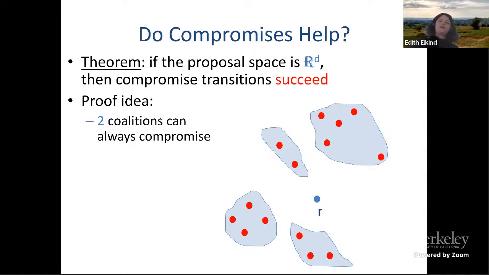So we can look at this majority supported, the most popular proposal. We can take all agents from the first coalition who support it, we can take all agents from the second coalition who support it, and we can bring them together into a coalition around that most supported proposal. And that would be a valid compromise transition. So they can't get stuck without identifying that most supported proposal.